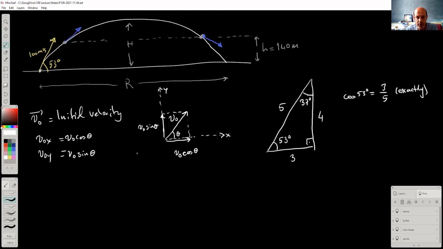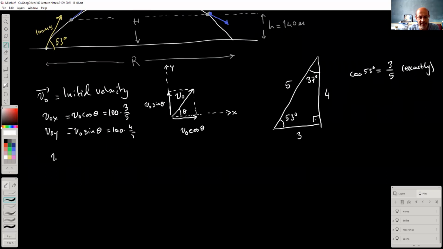So in any case, the initial velocity is therefore, I don't have space left in here. So cosine theta is 3/5. So therefore, this is 60. I'm going to write it below, right? So as a result, this is 4/5. So that means V0x is equal to 60 meters per second, and V0y is equal to 80 meters per second.